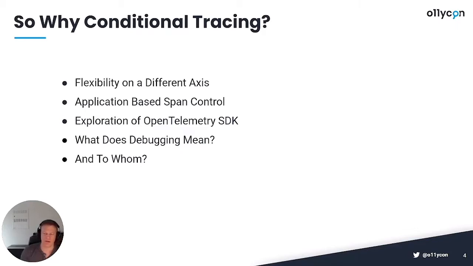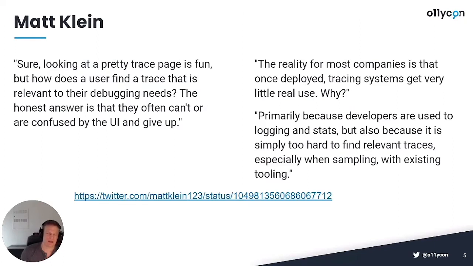But conditional tracing is also there because debugging is a different concept to different people, and it means different things to different people. This comes up almost immediately when you start looking at the people who complain about tracing.